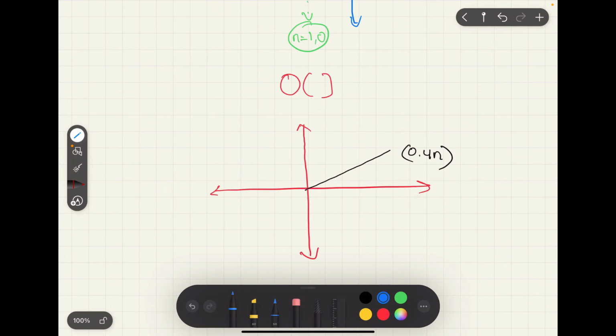Now if I draw the graph of O of n, and if I draw the graph of O of n square, you would see that O of n square is an upper bound for this complexity, right?